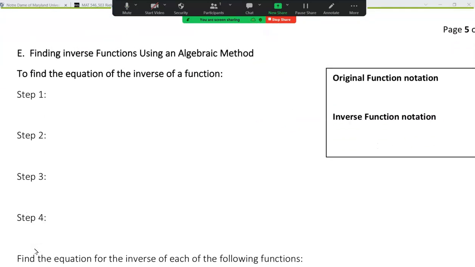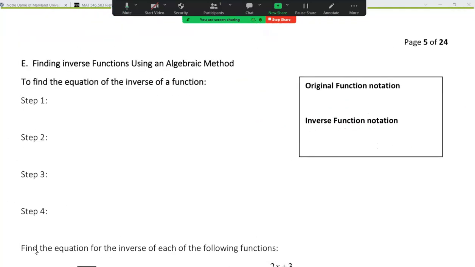Okay, so now I want to find an inverse. If my original function is a line that looks like this, what's my inverse? Here are the steps. Step 1, change out of function notation. What does that mean?